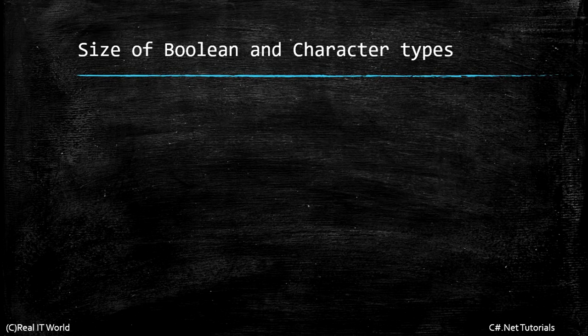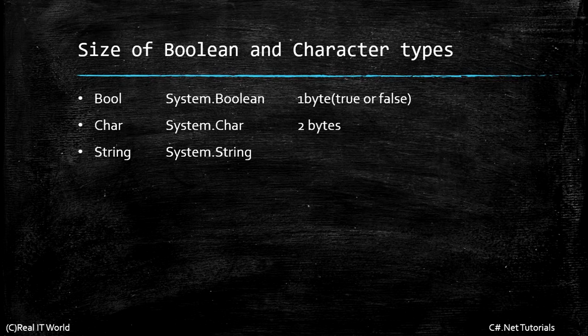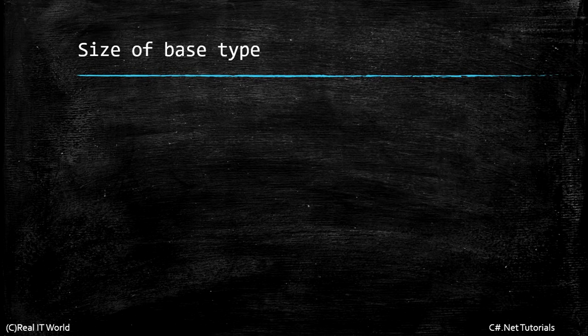Size of boolean and character types. Boolean is 1 byte, always going to store true or false, and char is going to store only one character, 2 bytes. String, System.String, is going to store any number of characters, no default size.